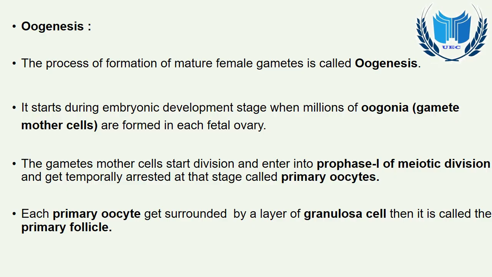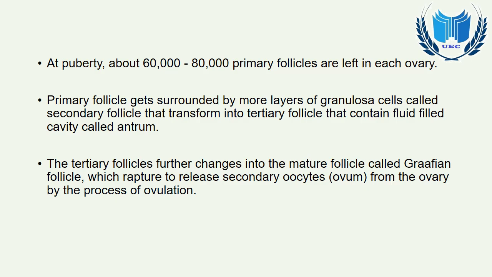Each primary oocyte gets surrounded by a layer of granulosa cells. Then it is called the primary follicle. At the puberty stage, about 60,000 to 80,000 primary follicles are left in each ovary.